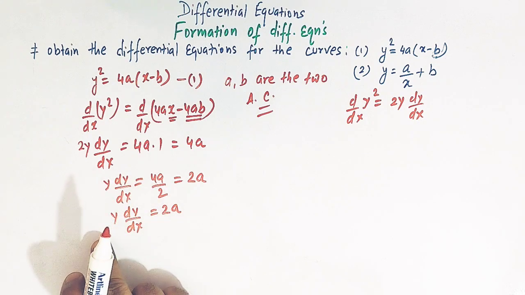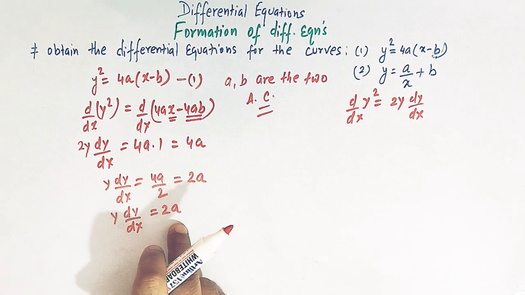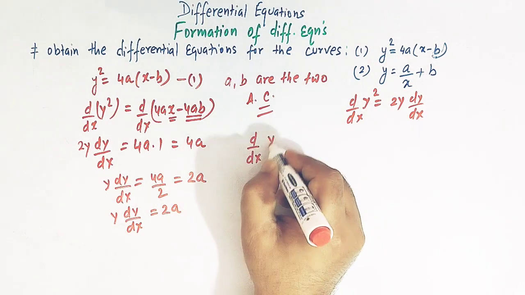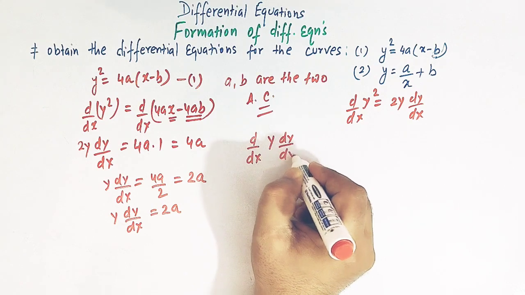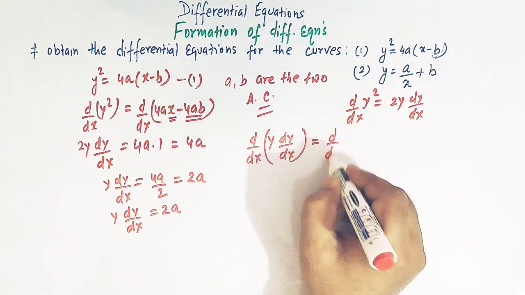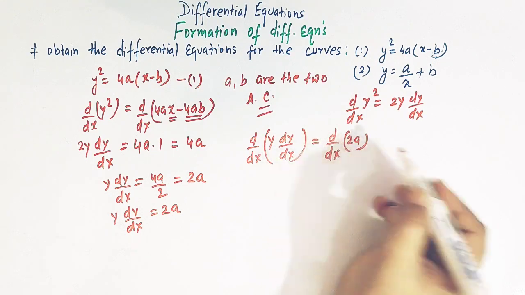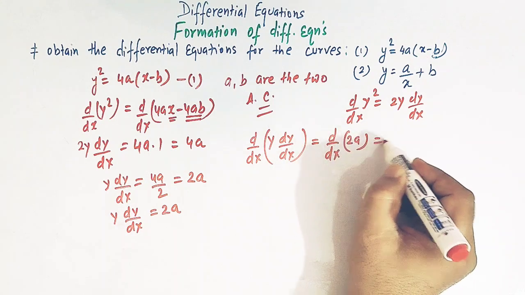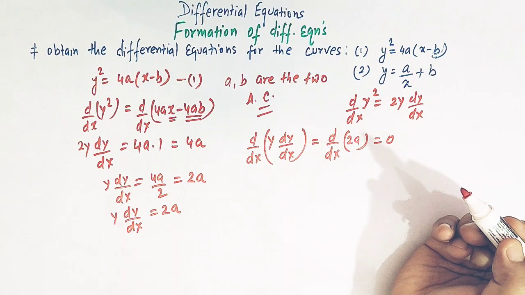So we'll differentiate again on both sides. Now we have d by dx of y dy over dx, and here d by dx of 2a. Now see, 2a being a constant, the derivative should be equal to 0.